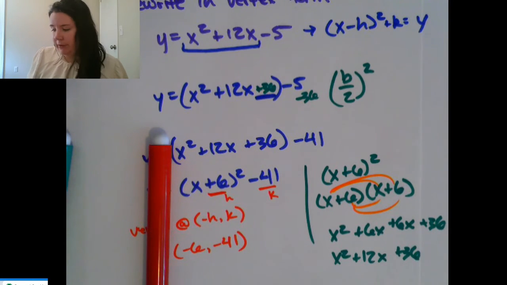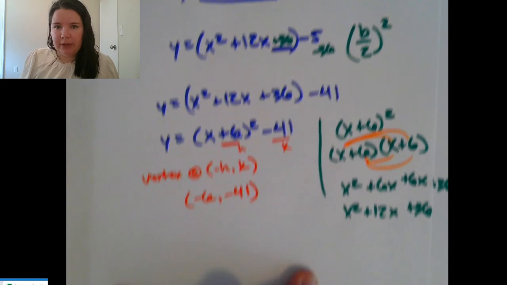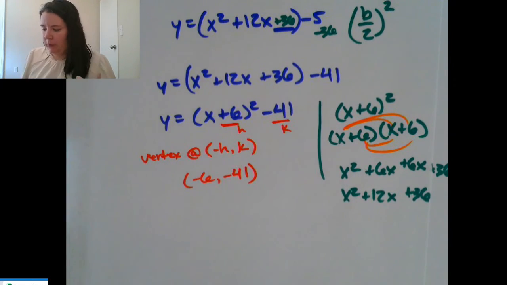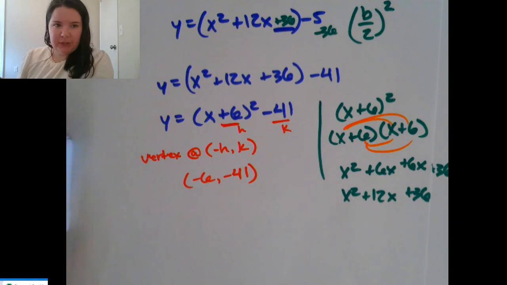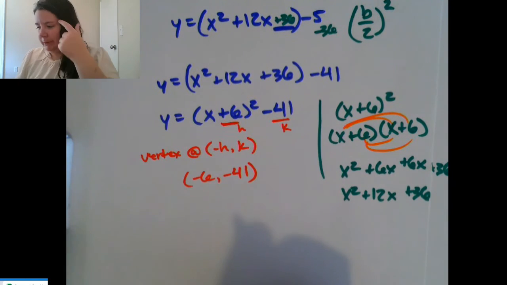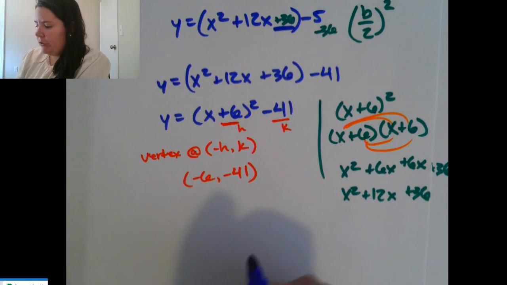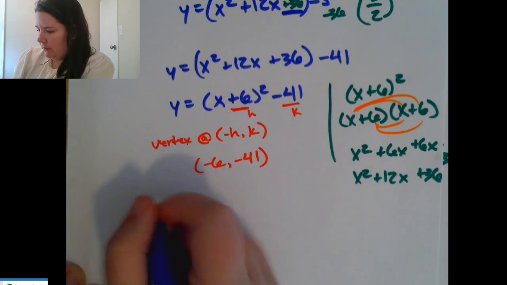This is another useful reason to use completing the square or vertex form, is we can solve it by just using square roots. We don't have to do any more factoring or any sort of guess and check and getting lucky. We can just use square roots for really complicated numbers.